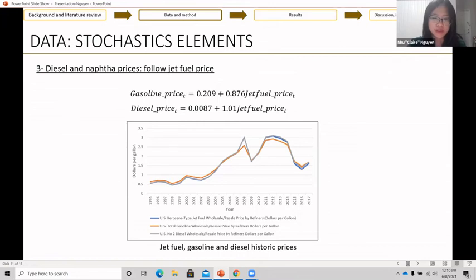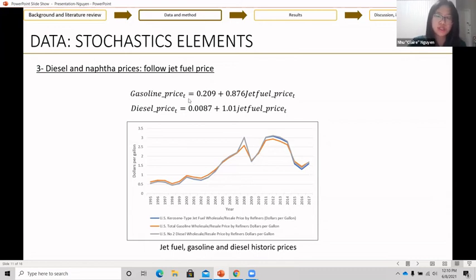And once we have the projected jet fuel price, we can easily forecast the gasoline price and diesel price. So we forecast gasoline price because gasoline price is just the surrogate for naphtha. They are similar in terms of price. And the reason is because in the graph here, we can see that the three price series follow each other very closely.